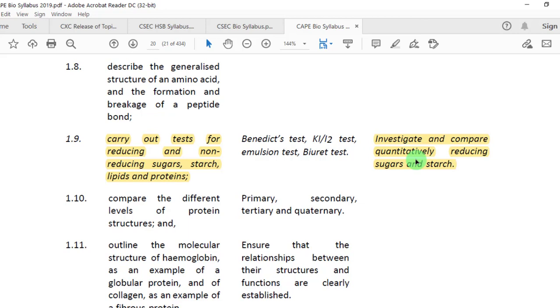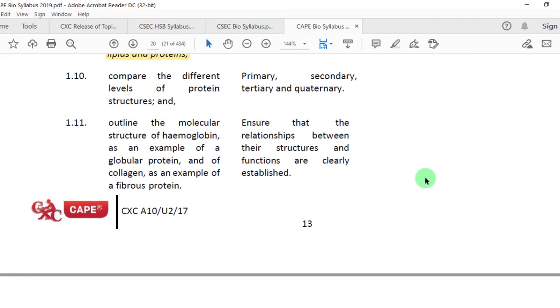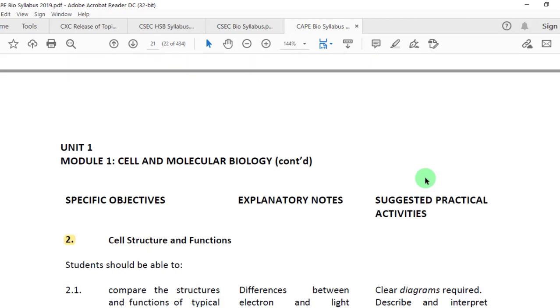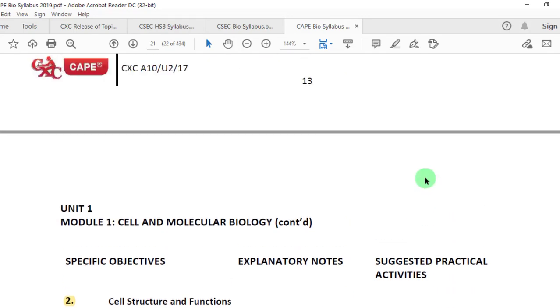And that particular procedure has a lot of various techniques involved in it that is very tempting to test. So it's very possible that you're going to get a question in that area. What else could really pop up? Yeah, and that's it for aspects of biochemistry.